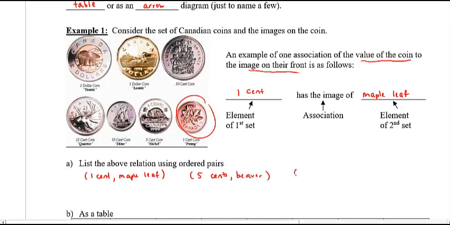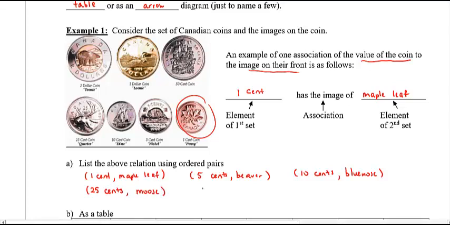If I look at the 10 cents, remember the first value is always the amount of how much it's worth. And then the next element is the actual picture. That's the boat, which is called the blue nose. And then the next one, I'm just going to list them out, 25 cents, or a quarter. That would be the moose.